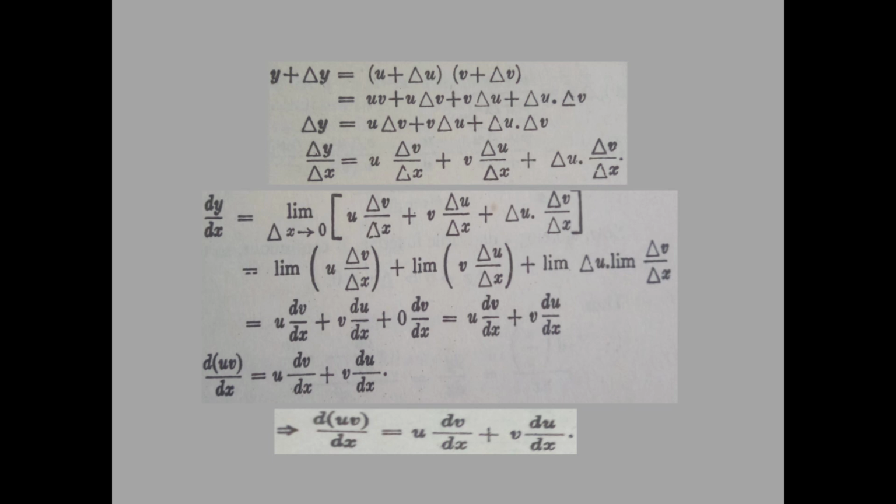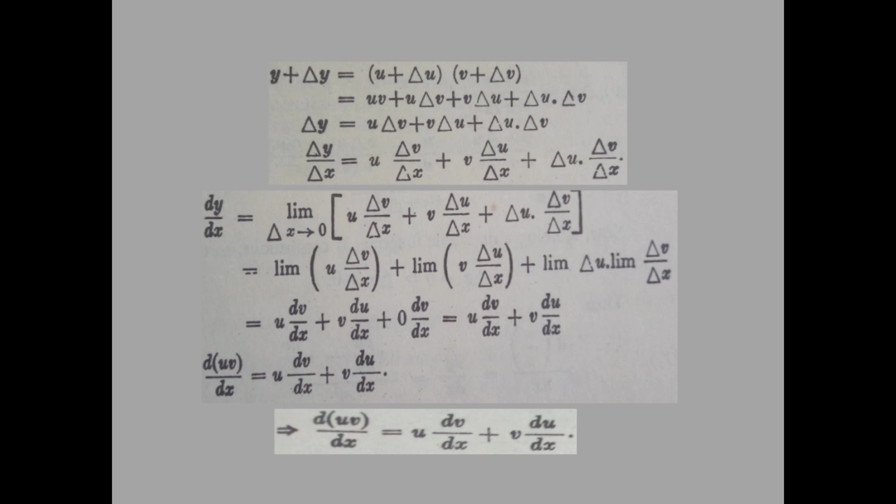This is equal to the limit as delta x tends to 0 of u into delta v by delta x plus v into delta u by delta x plus delta u into delta v by delta x. As delta x tends to 0, both delta u and delta v also tend to 0. So the last term in the sum, that is delta u into delta v by delta x, goes to 0.